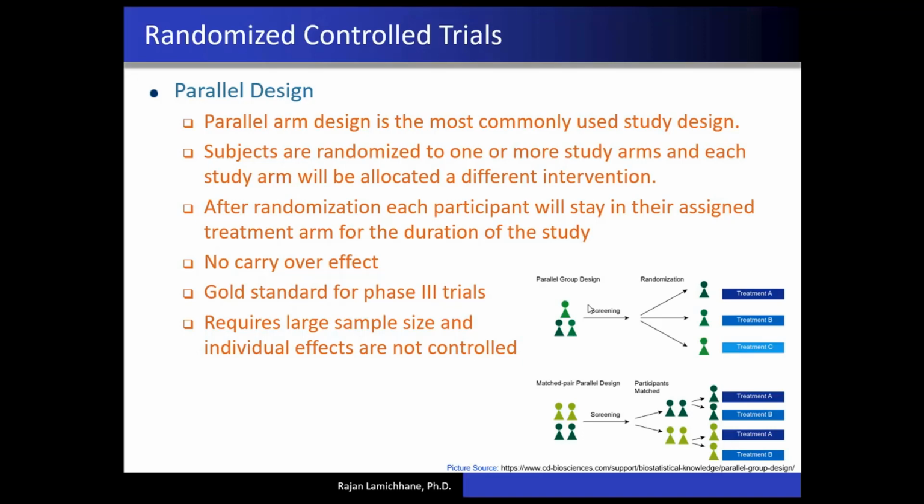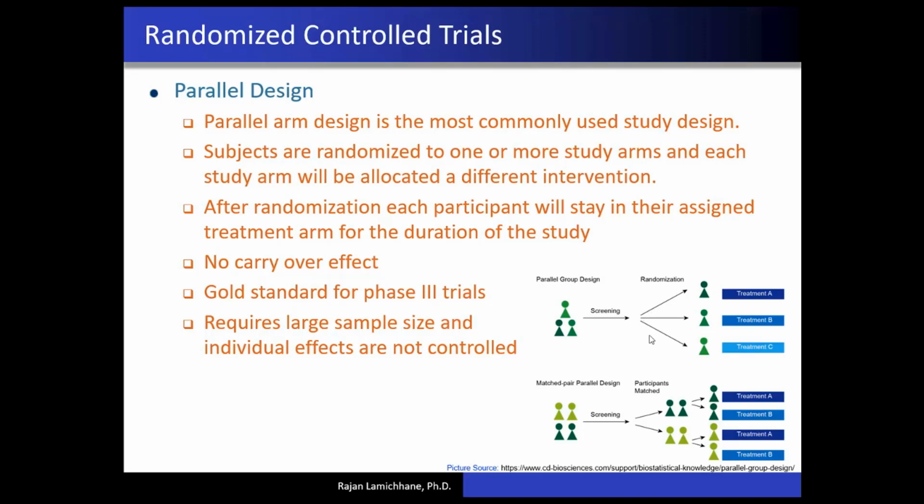Here you can see in this picture, these individuals are randomly assigned into 3 treatment groups A, B, and C. And after randomization, each individual will stay in their assigned treatment arm for the rest of the study. And here there is no carryover effect. We'll discuss that later in the next slide.